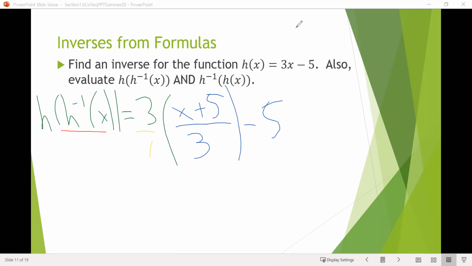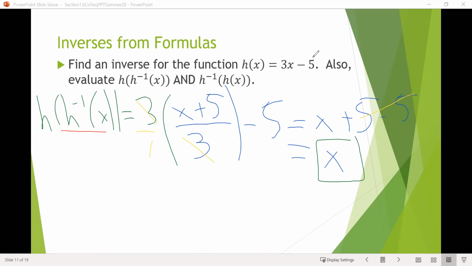You also have a 3 in the numerator and a 3 in the denominator, so those can cancel. And so what we're left with in that first spot is just x plus 5. And then there's the minus 5, but the plus 5 and the minus 5 will cancel out. And we're just left with x. So that's what we get when we do h of h inverse.